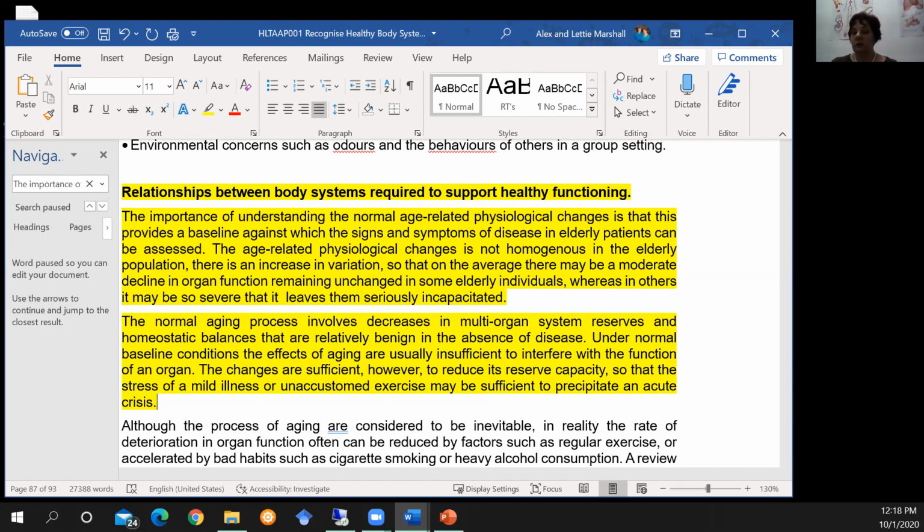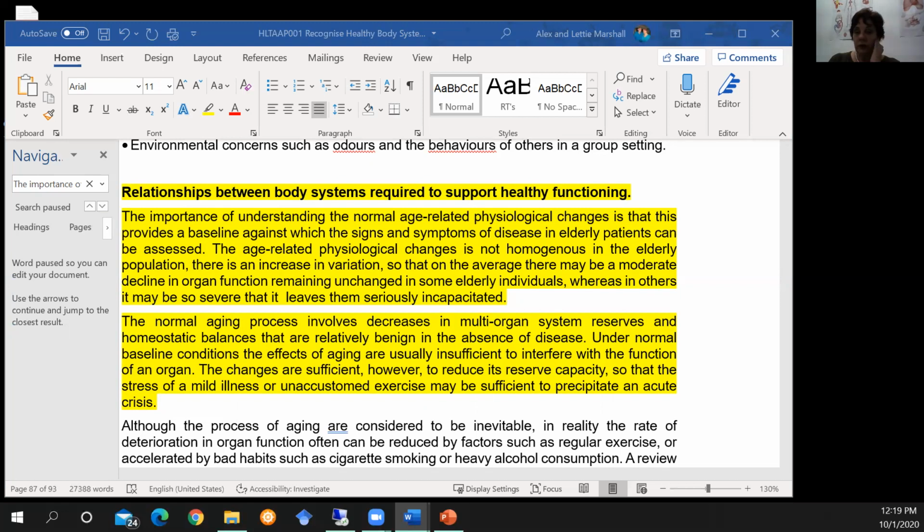My friend is 77 and she's healthy as a spring chicken, and my mum was 71 and she died. Sometimes it's your genetics, sometimes it's environment. So it's not homogeneous; it can be different from person to person.